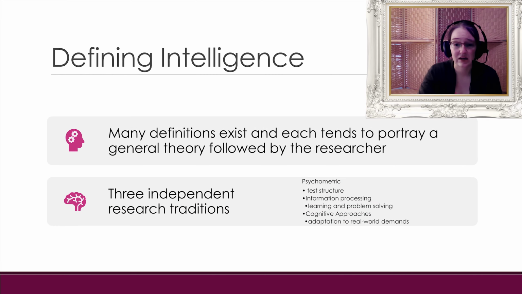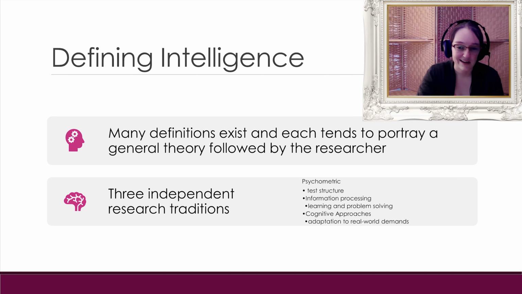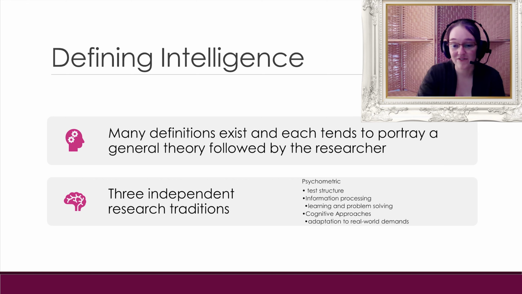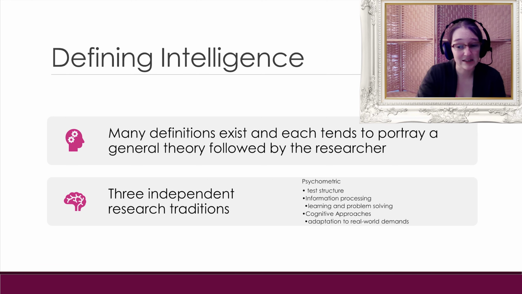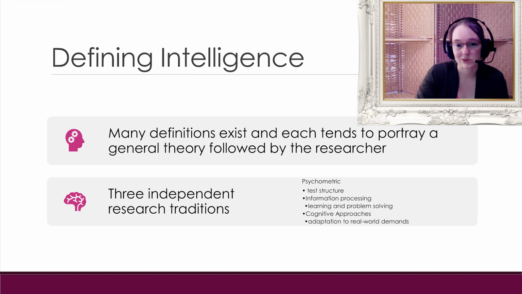There are tons of them, and every definition tends to be linked up with a general theory followed by that researcher. The three independent traditions for the study of intelligence are psychometric, meaning test structure, which is most likely why my favorite definition is whatever is being measured on your test.